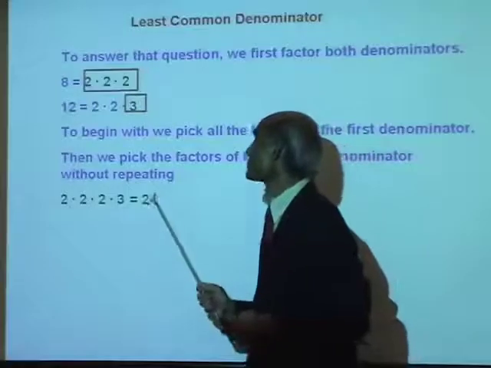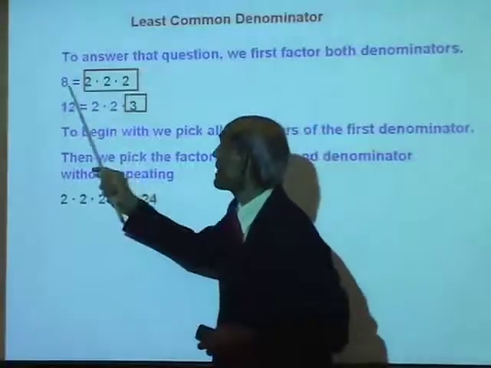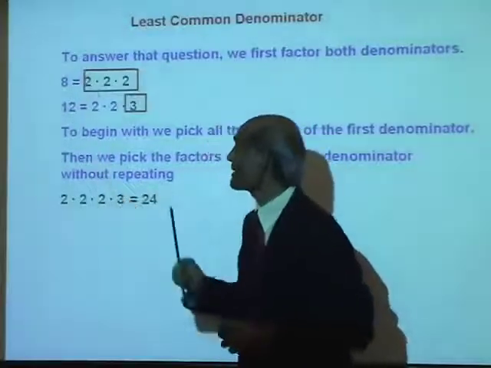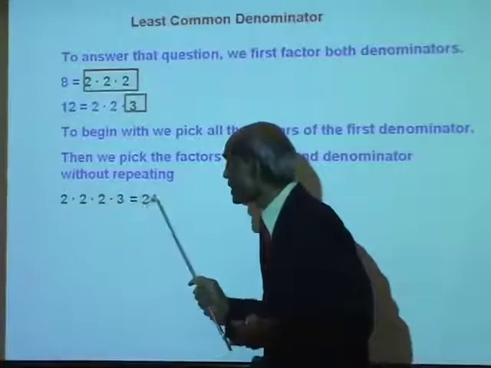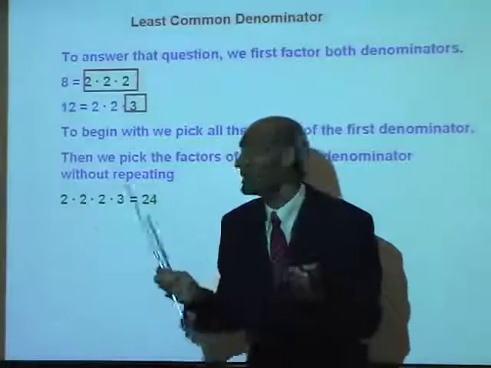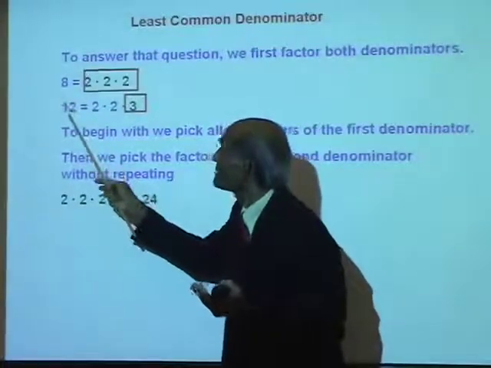And what is that equal to? 24. You can see 24 can be divided by 8, and 24 can also be divided by 12. Therefore, this is the lowest number that can be divided by both 8 and 12.